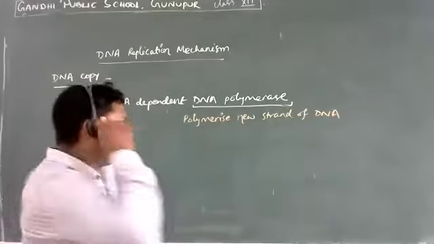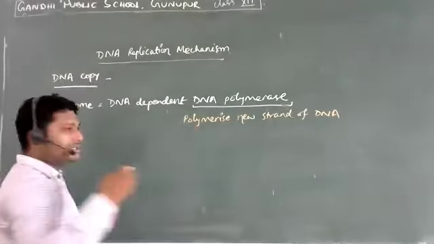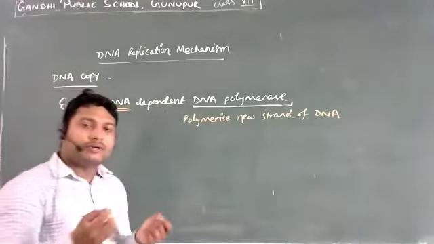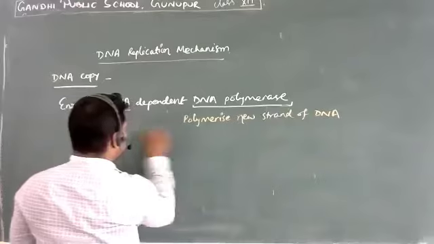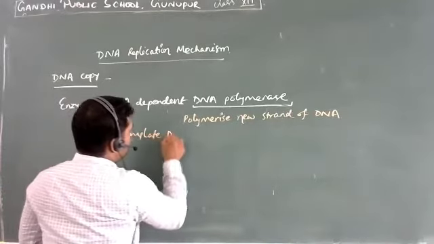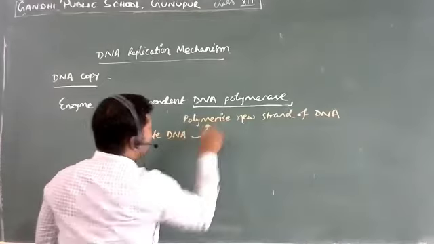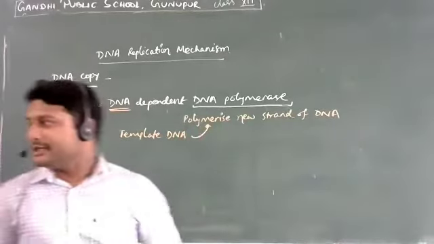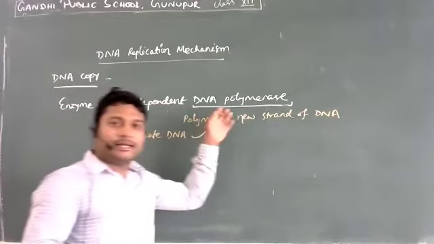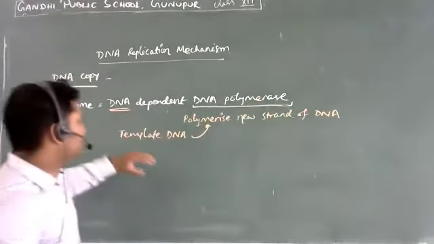And here the base, or the template, is going to be the DNA. So it is actually going to use a template DNA to polymerize the new strand of DNA. So that is why it is called DNA dependent DNA polymerase.